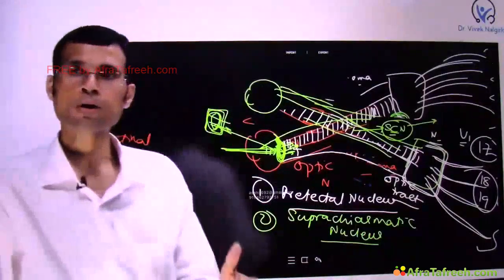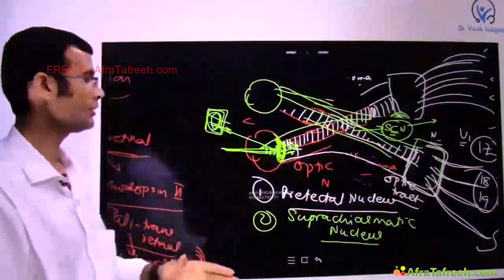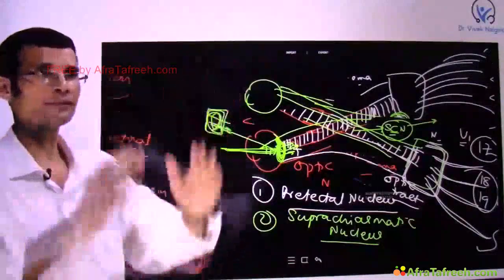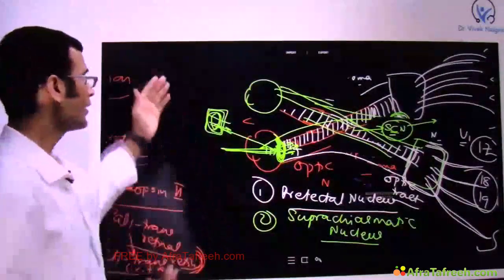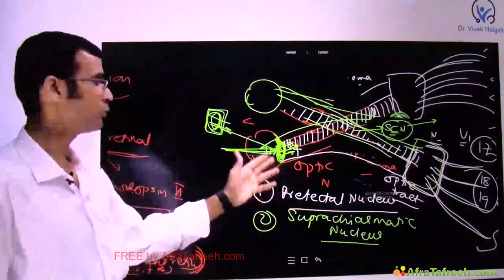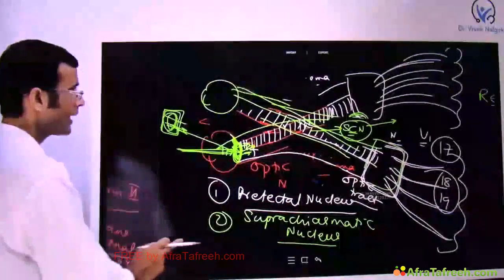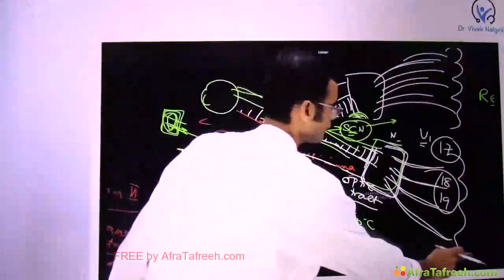So the blind spot is that area in the field of vision which is not visible when the gaze is fixed, because light rays coming from a particular angle are falling on the optic nerve head where there are no photoreceptors. So that's a blind spot, and the blind spot is a physiologic scotoma, a physiologic defect in the field of vision.